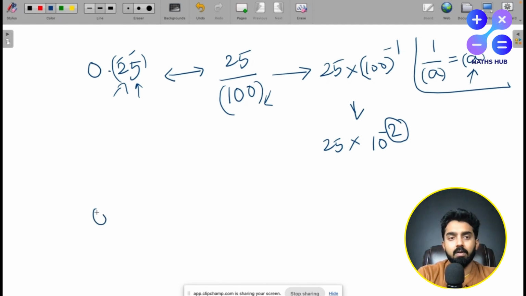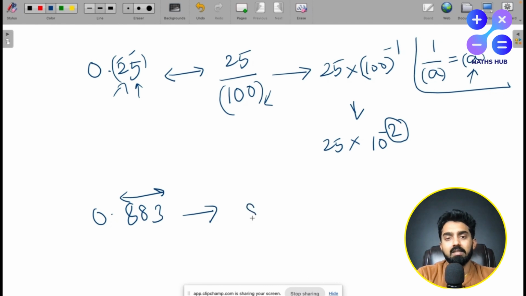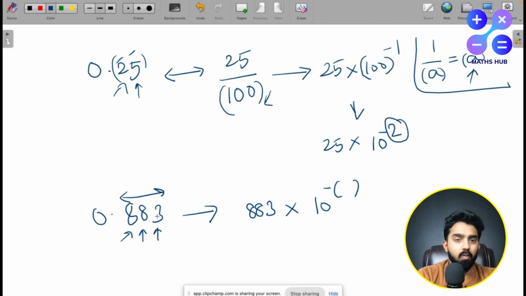So let's say we have 0.883. So you're going to write first these three numbers separately. Forget about the decimal, just focus on these three numbers. So that's 883. Multiply that by 10 to the power of minus whatever the number of numerals after the decimal point is. No matter what is there, it could also be a 0. Everything should be counted, right?